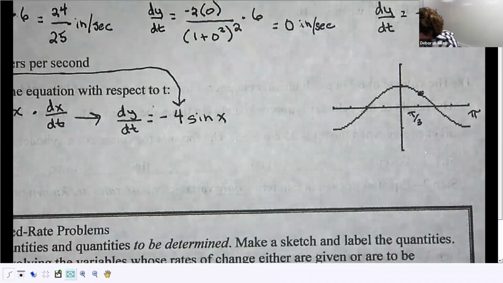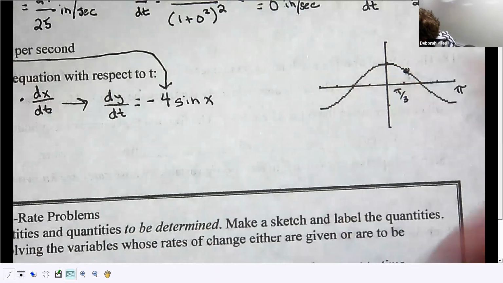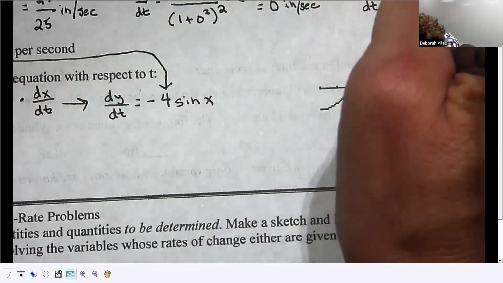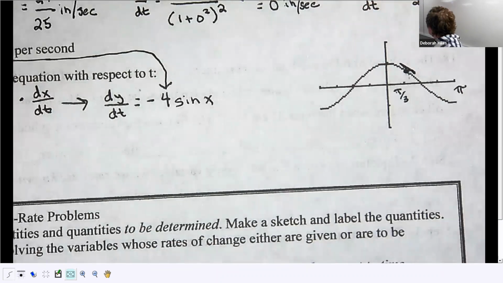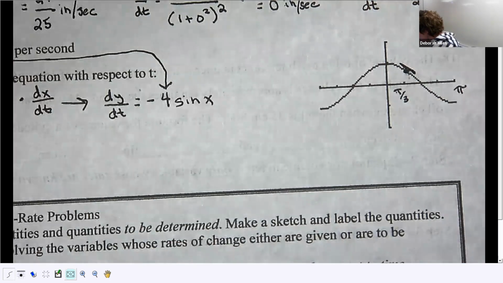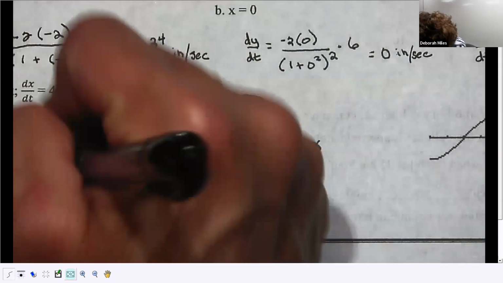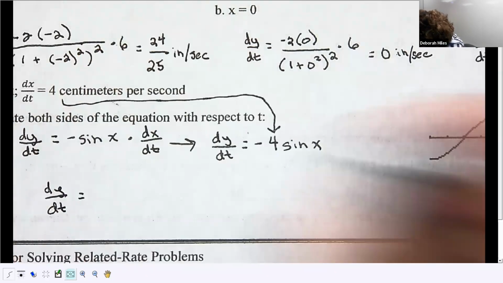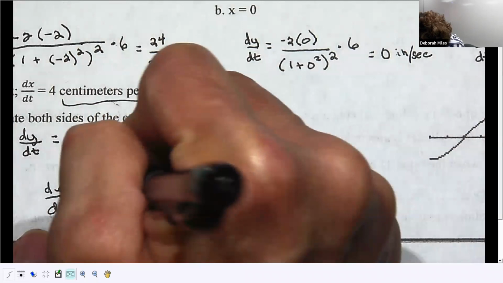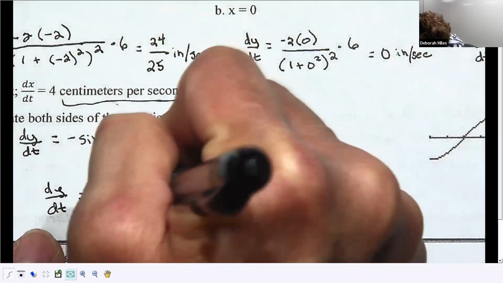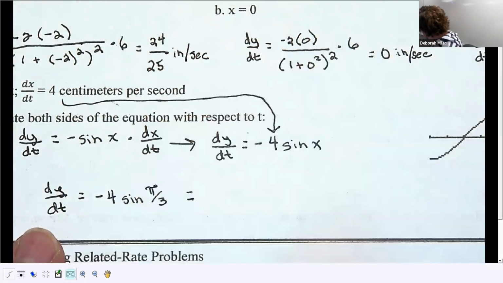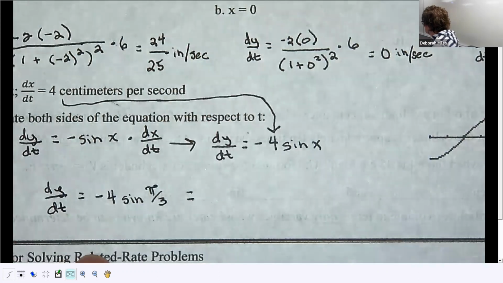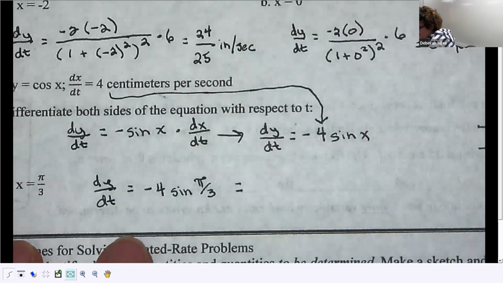Yeah. x is getting bigger, the marble is moving to the right, but y right here is getting smaller, and we want to find out how fast it's getting smaller. So dy over dt would be -4 sine of pi over 3. So what is sine of pi over 3?